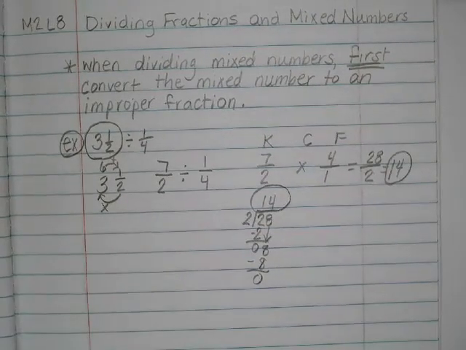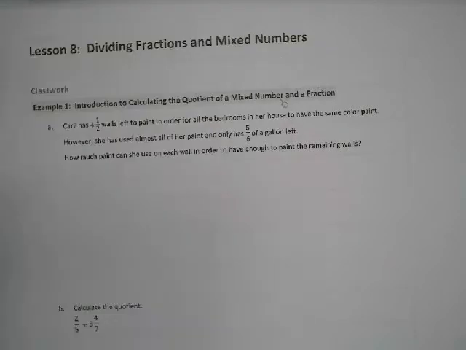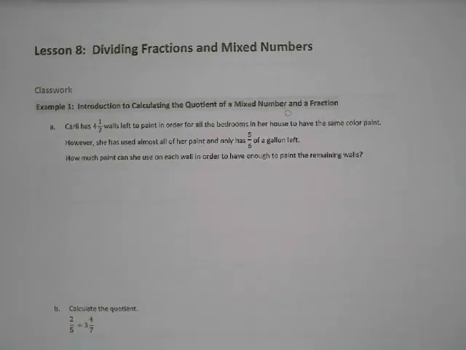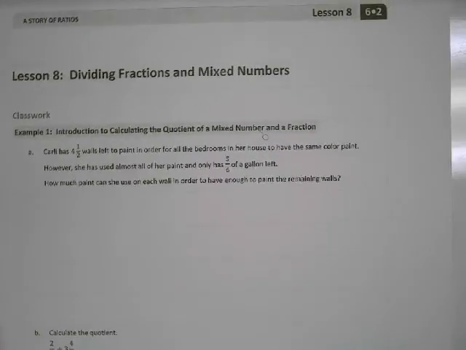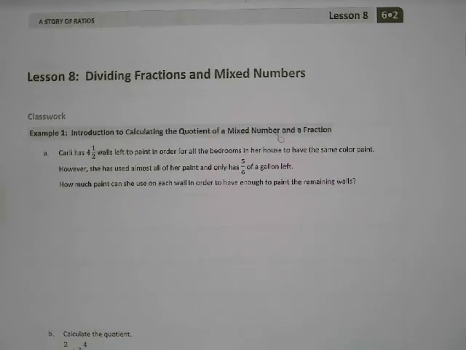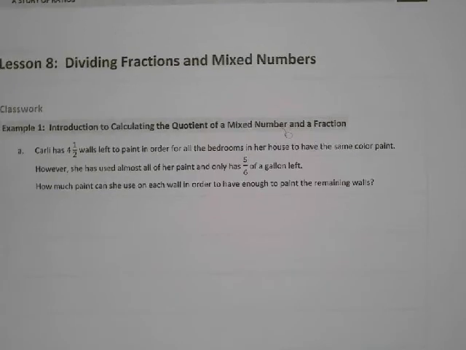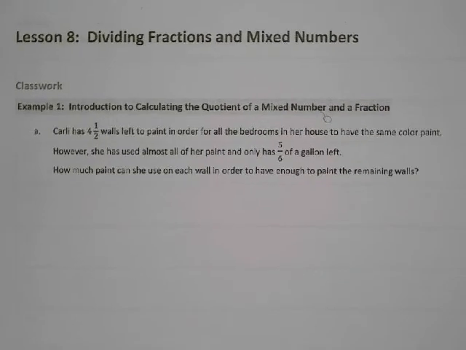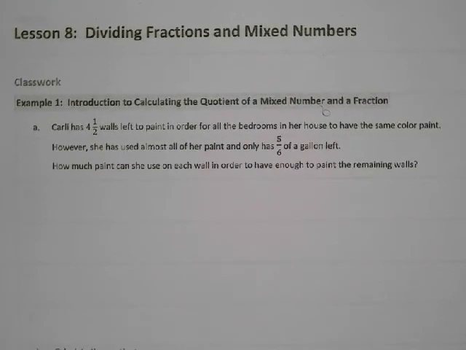Now, if you will take out your book and open it up to page S36 in Module 2, we are doing Lesson 8, Dividing Fractions and Mixed Numbers. There are only 2 examples today. We're going to do these together, and then you'll be doing some practice on your own.